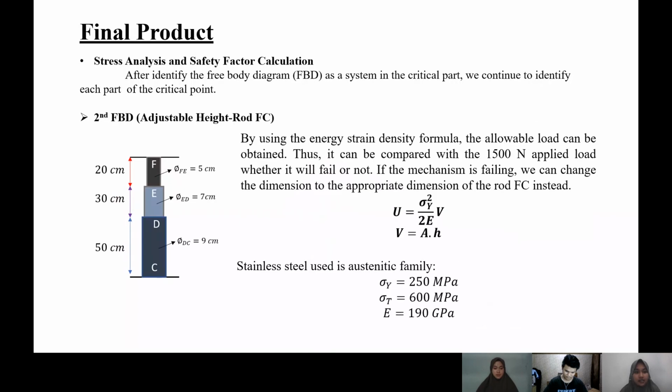Next is the second part of the free body diagram, which is the adjustable height on rod FC. Here, we need to calculate the allowable load by using the strain energy density formula. We need to identify whether this second part of the FBD fails or not.